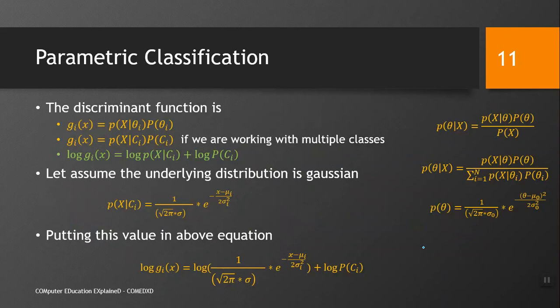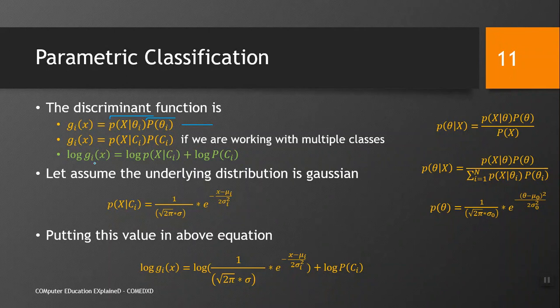Now we proceed. Parametric classification. The discriminant function is given by this. Again, you can see that this is the function which contains the likelihood and the prior. We just replace theta with C in order to indicate that we are going to predict a class if we are working with multiple classes.